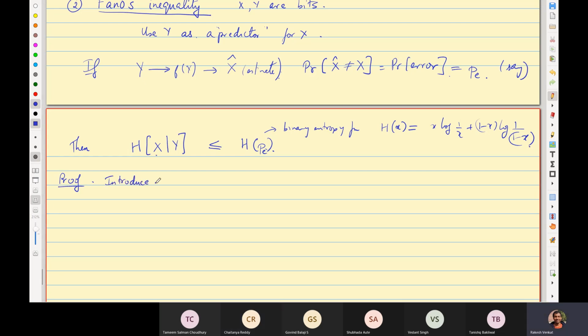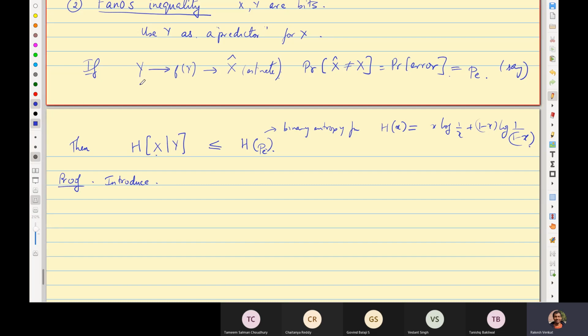Sir, can you explain the notation of Fano's inequality, like this part, if? Okay, so what I mean over here is that y is being used as a predictor for x. Think of it as a process that gets y and tries to recover x from it, not knowing x in advance.